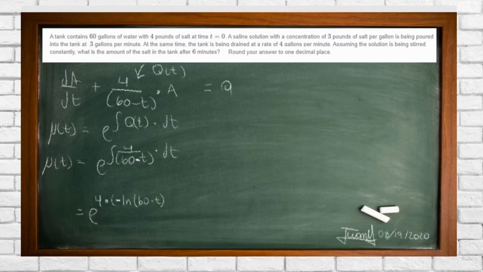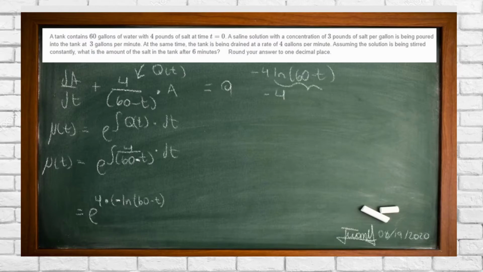And it makes sense because if we derive this, we should get this equation right here. So if we do it really quick, negative 4 log of 60 minus t, if we take the derivative, this is a constant, negative 4, so I'm going to put it here.